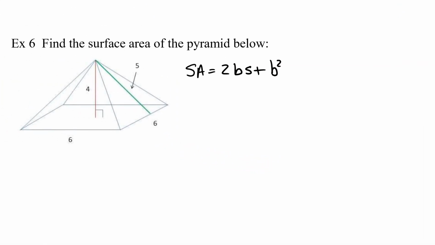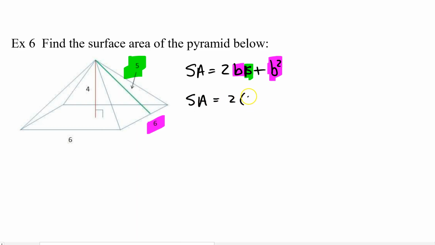Now I know that my base is 6. I know that my slant height is 5. So I'm going to say the surface area is 2 times the base, which is 6, times the slant, which is 5, plus the base, which is 6 squared. 2 times 30 is 60, plus 36, which is going to be 96.